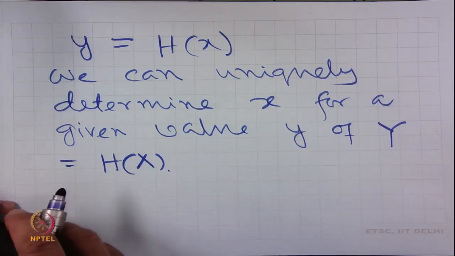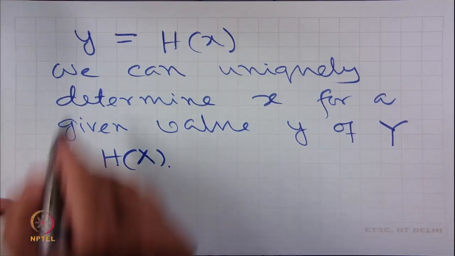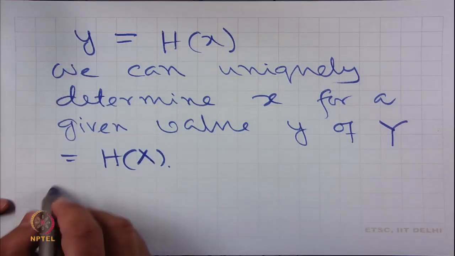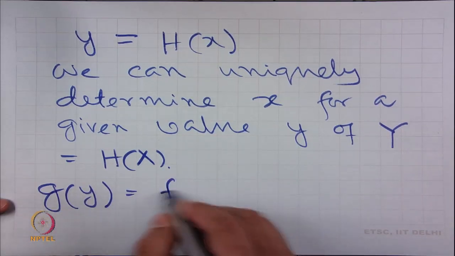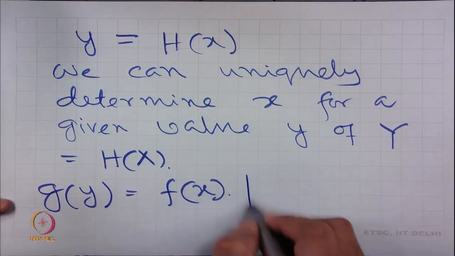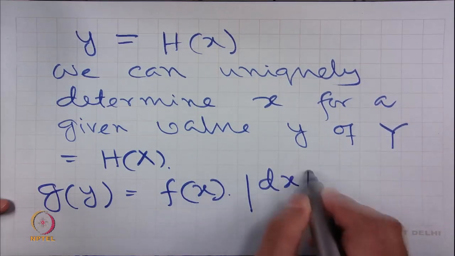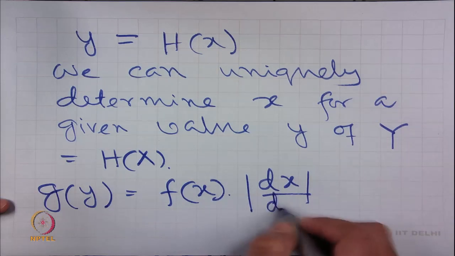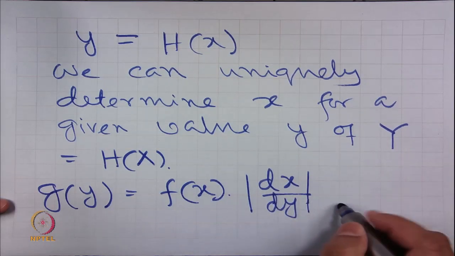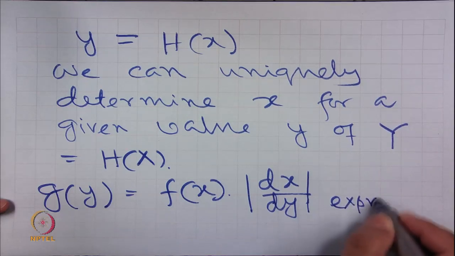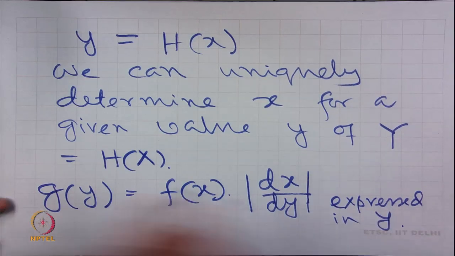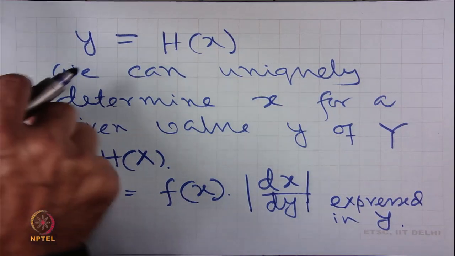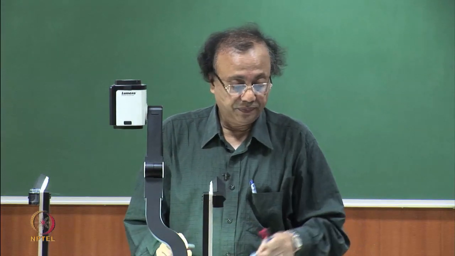And the result was that the PDF of y, if we call it g y, is equal to f at x into modulus of dx dy, expressed in y. So, with that result, let us now look at some problems.